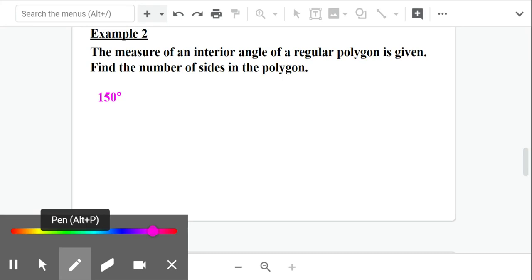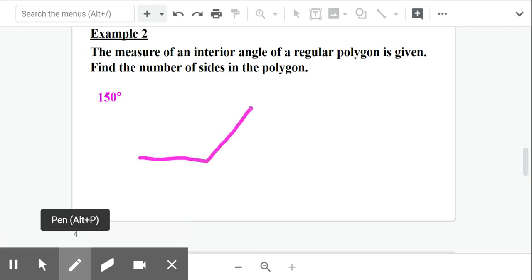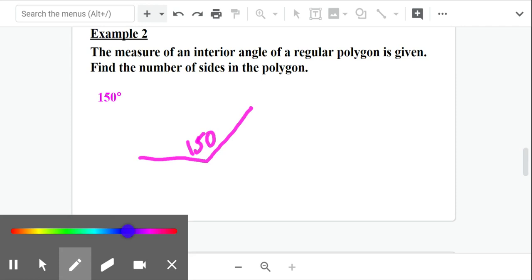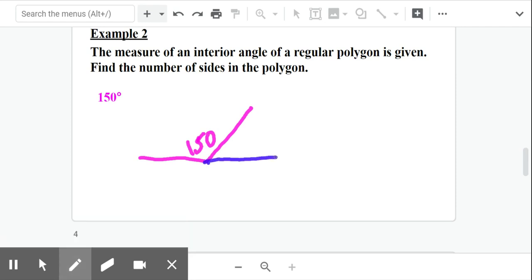Example 2, the measure of an interior angle of a regular polygon is given. Find the number of sides of the polygon. Once again, I'm just going to draw an imaginary interior angle, and that interior angle is 150 degrees. Then I'm going to figure out what the exterior angle of that shape would be.